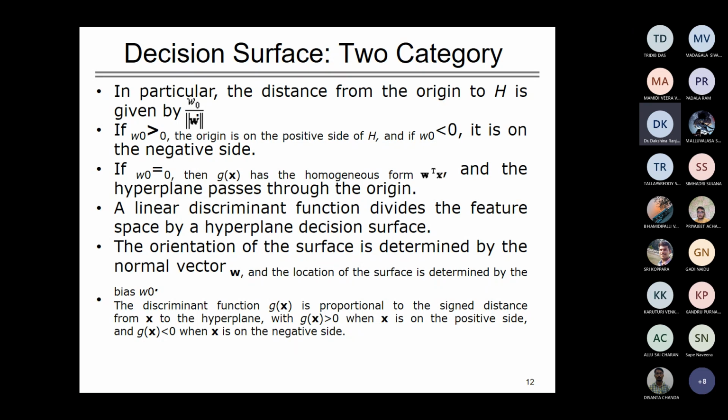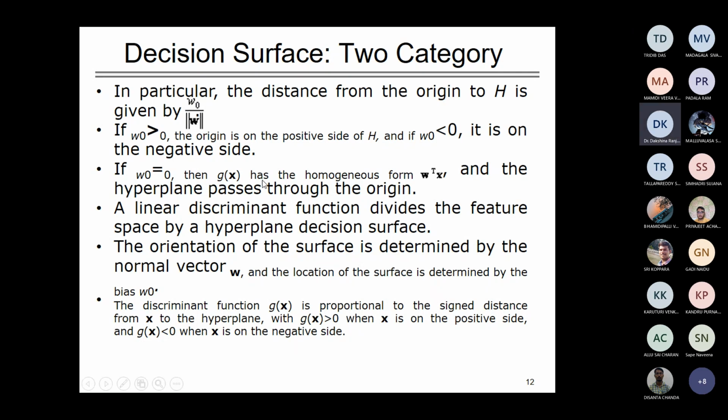Now if we get w0 equals 0, then the decision surface will have the homogeneous form w transpose x, and the hyperplane will pass through the origin. Whenever we get w0 equals 0, that means whenever the bias is found to be 0, then the hyperplane will pass through the origin.